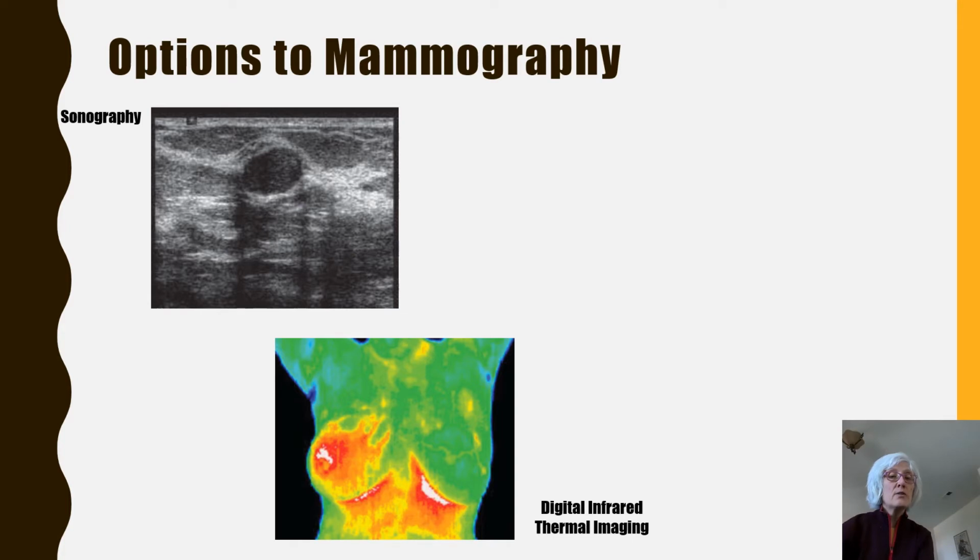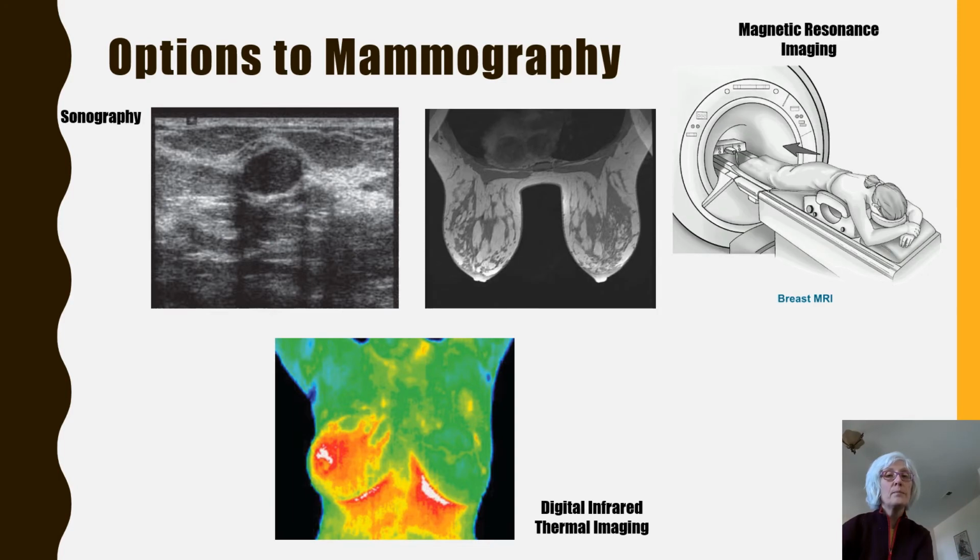At this stage, thermal imaging is very sensitive, meaning you can see a lot of things, but what you're seeing doesn't necessarily mean that you're seeing cancer. So you do get a lot of false positives with thermal imaging. Another option is a breast MRI. The major disadvantage of this procedure is that it's very expensive to do.